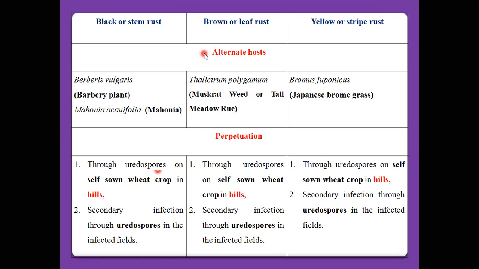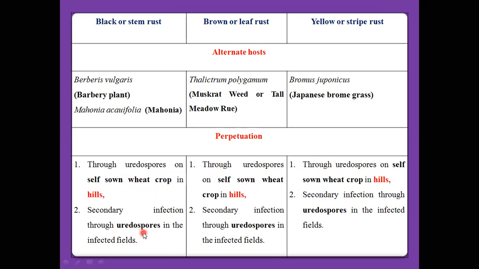These spores travel from South India or North India, survive on the alternate host and directly deposit on the wheat crops sown in Maharashtra. Okay, so in this way, primary infection takes place through self-sown wheat crops in all three cases.